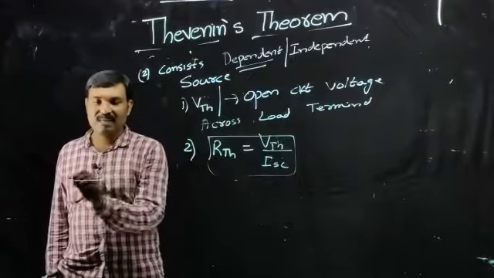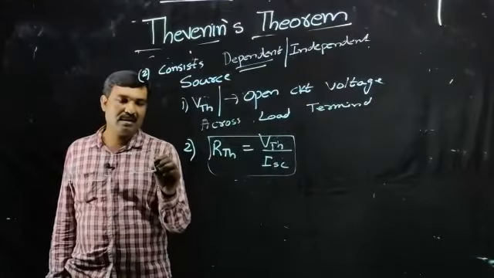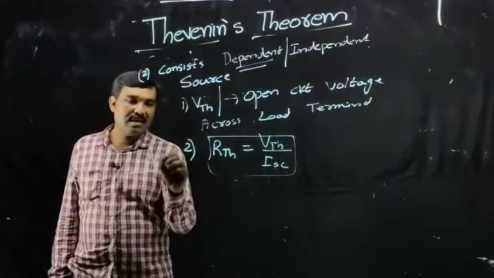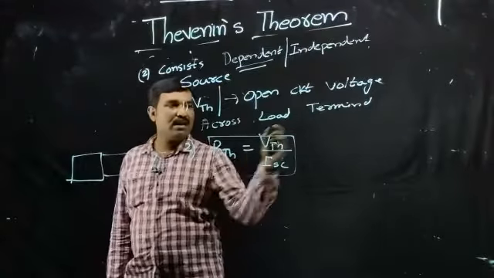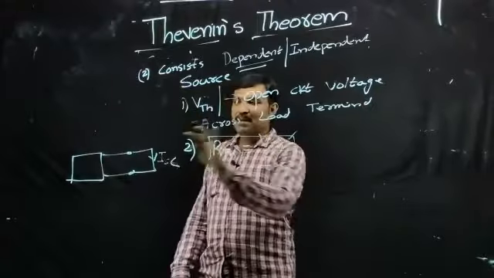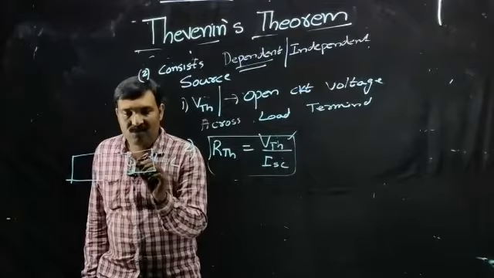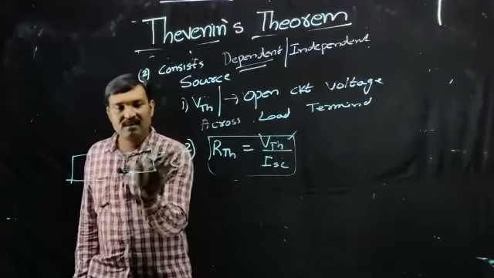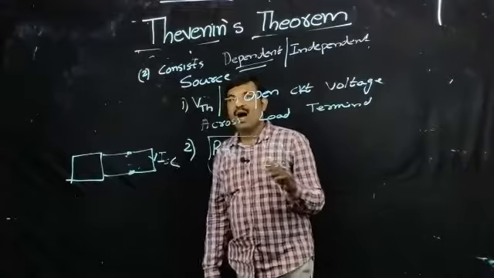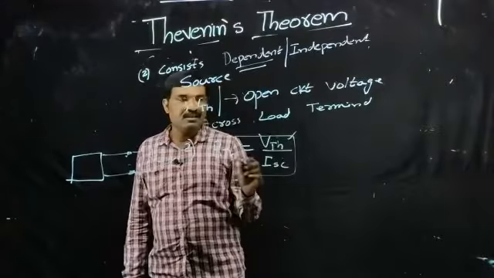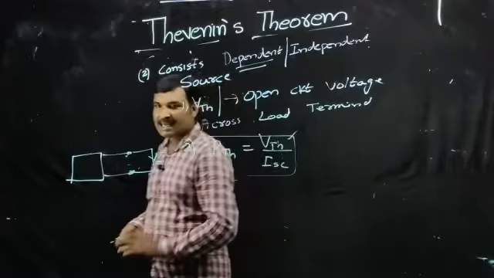So we have the network, and then we just short circuit this load terminal, and this current is called short circuit current. So first you evaluate VTH by open circuiting the load and obtain the value of VTH. Then short circuit the load and calculate the value of ISC. Then you can find RTH as VTH divided by ISC. This is the second case.